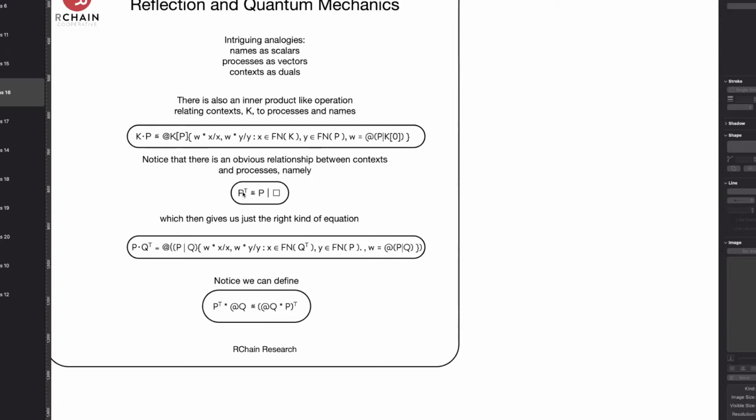And then we can turn a process into its dual. So there's a notion of duality, right? So in the same way that vectors have duals, and when you take the dual of a dual, you get back to the original vector, you'll see that works here.